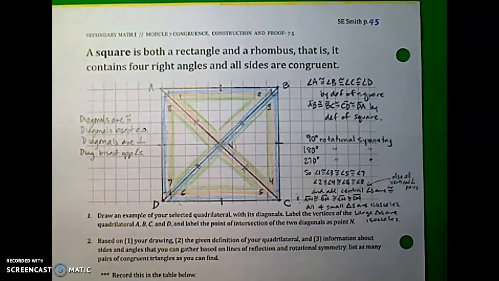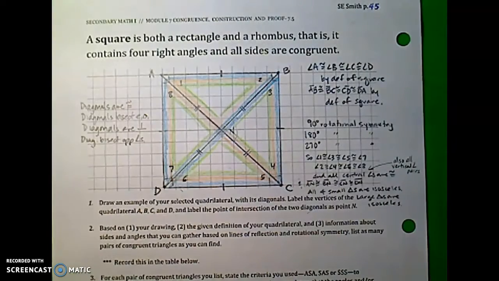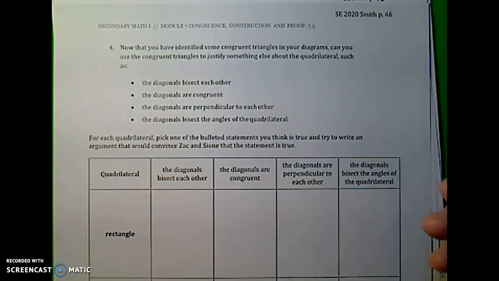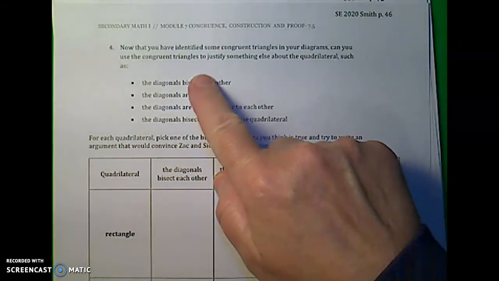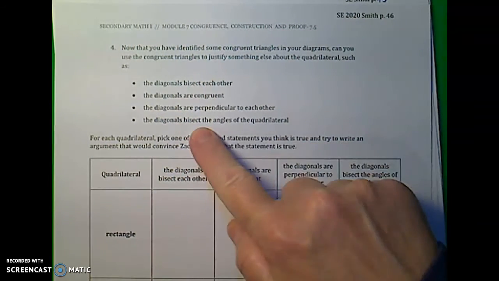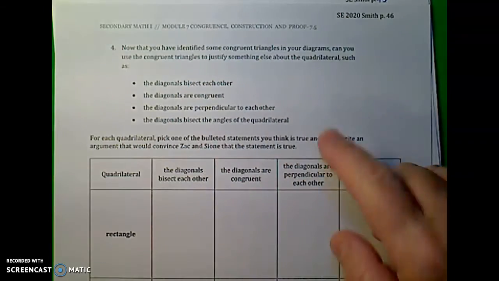Okay, so your homework for today is to do, I think it's page 47. Fill in the table with what you know to be true. Let's see if I have that to show you. Basically, it restates some properties of quadrilaterals in general.